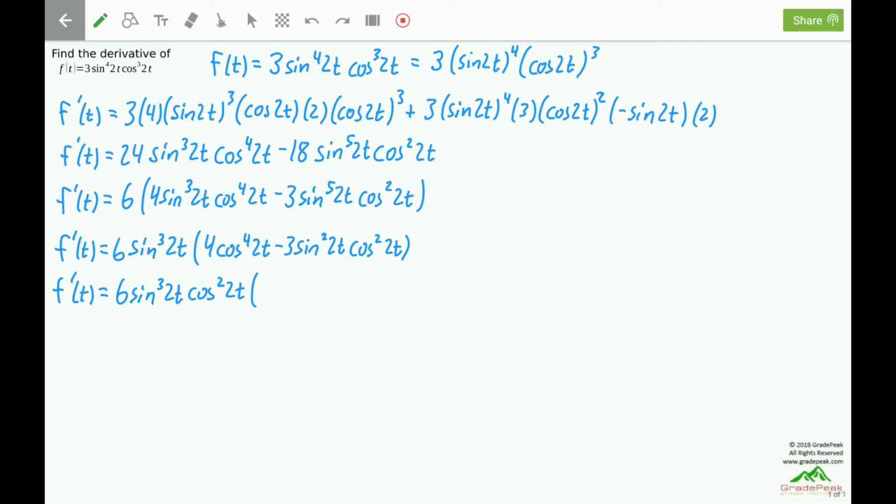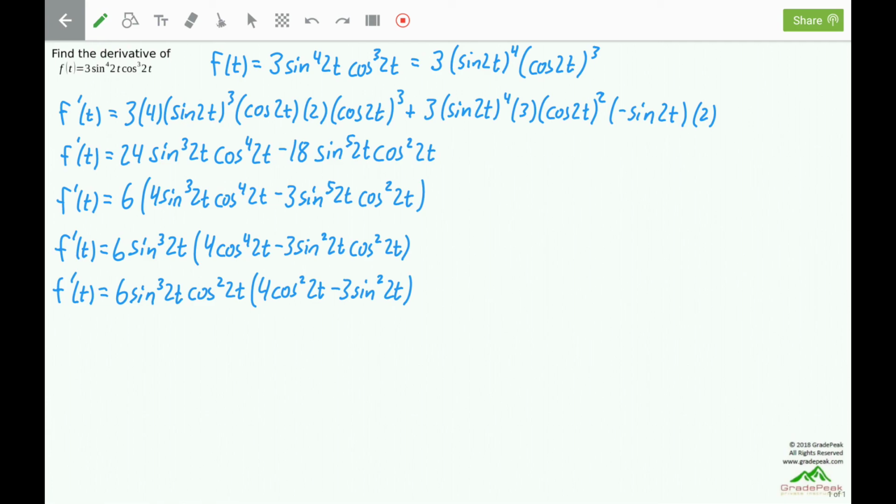If we take out 2 powers, again, subtraction, that will leave 2 left over here, and it will take all of those away. So that will give us 4 cosine squared of 2t minus 3 sine squared of 2t. And now it's fully factored.